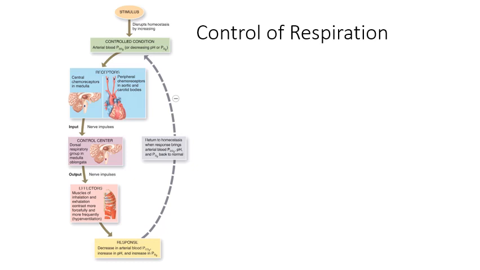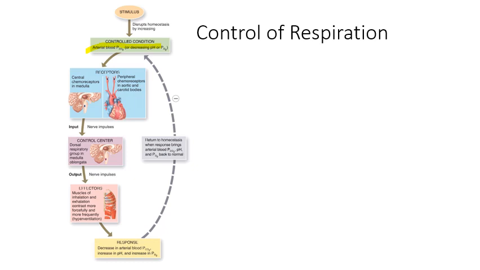All right, so looking at a feedback loop here for control of respiration. Let's say we're going to start here at the arterial blood CO2. So if we've got a lower pH or a higher amount of carbon dioxide or lower amount of oxygen in the blood, that high CO2 level is going to trigger those chemoreceptors in the aorta and the carotid.